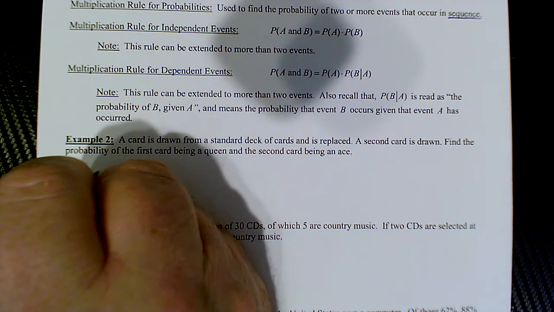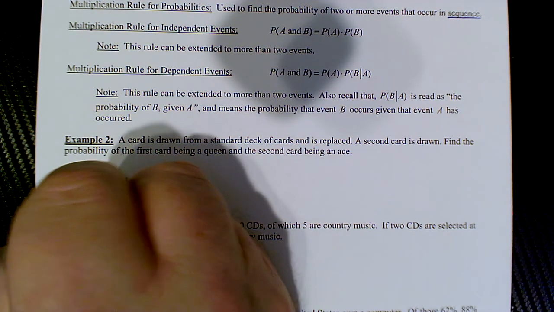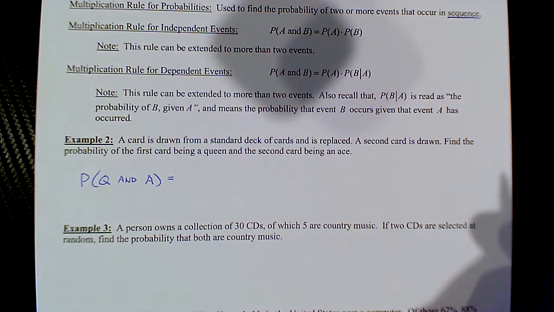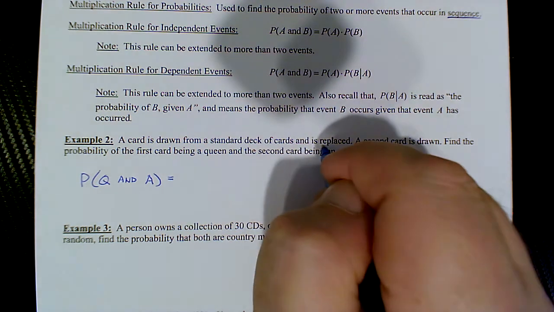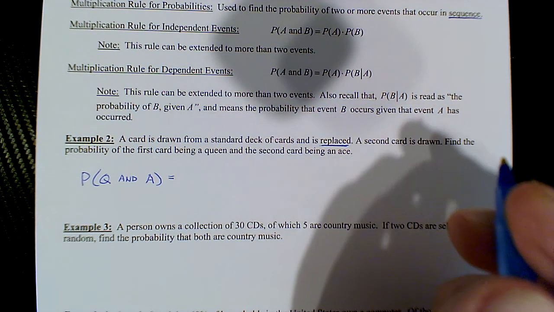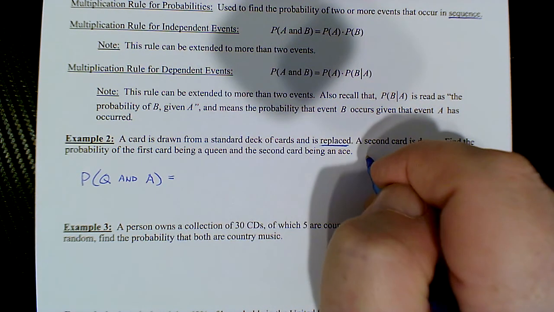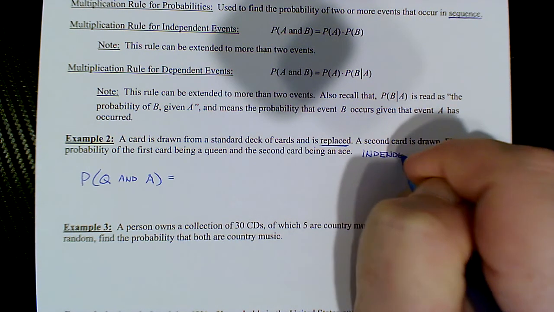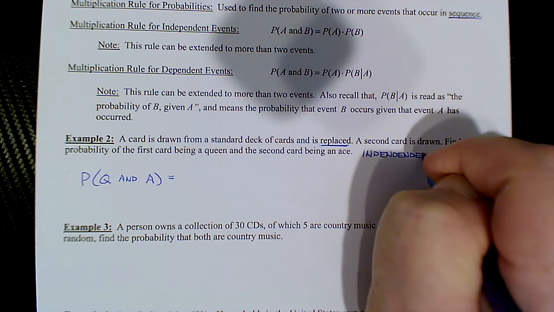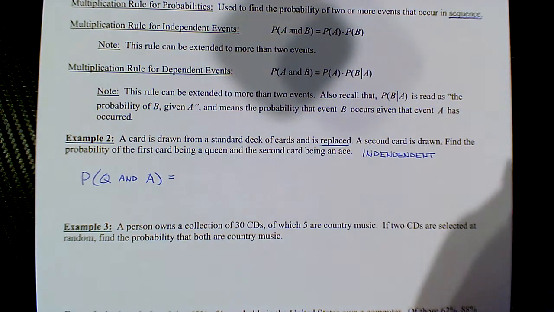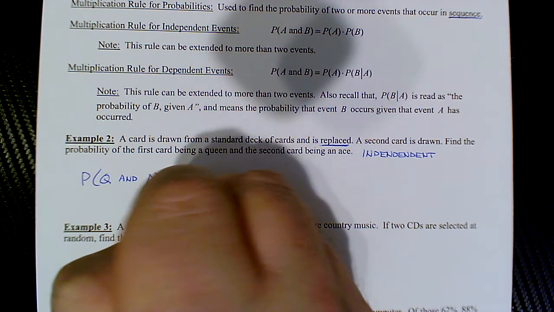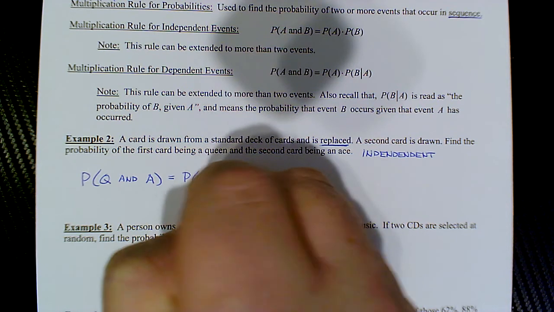So I want the probability of a queen and an ace. Since there is replacement, these events would be independent because the probability of drawing the second card is not influenced by what happens the first time because we put that first card back. So this would just be the probability of the queen times the probability of the ace.